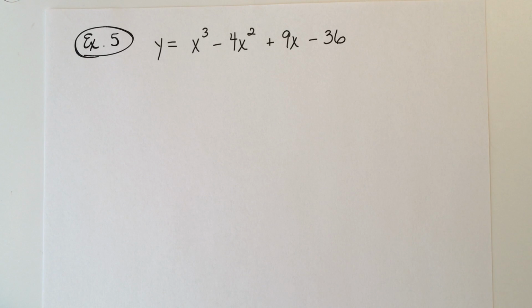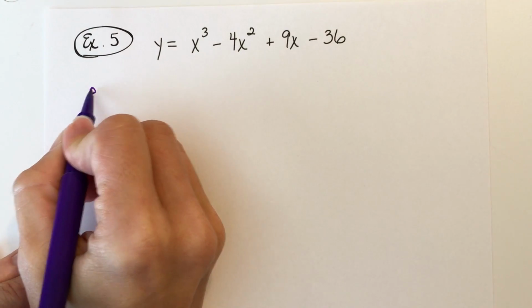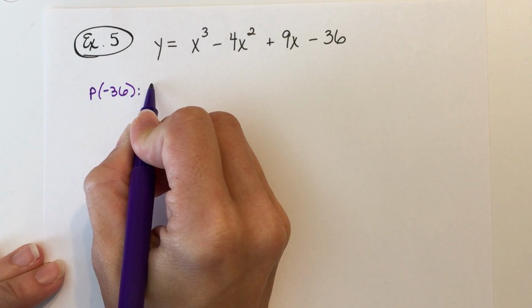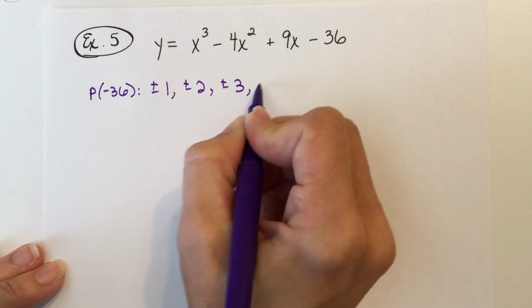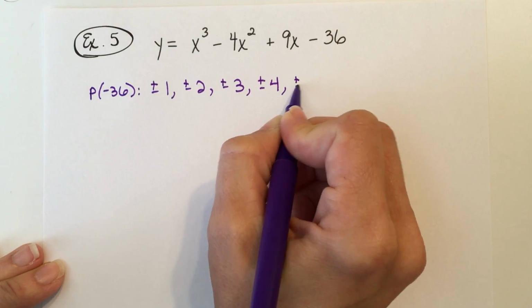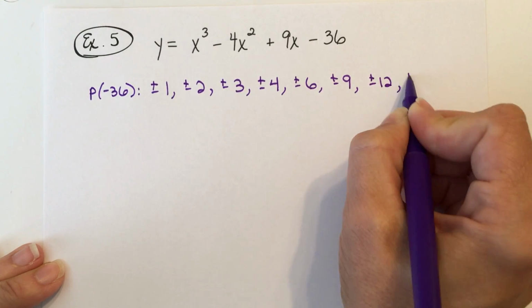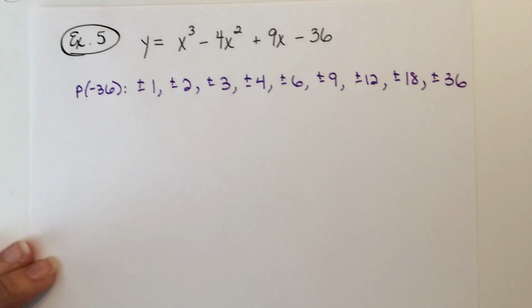Okay, so if we do our p's and our q's like what we've been doing, p is going to be negative 36. So all your factors would be plus or minus 1, 2, 3, 4, 6, 9, 12, 18, and 36.